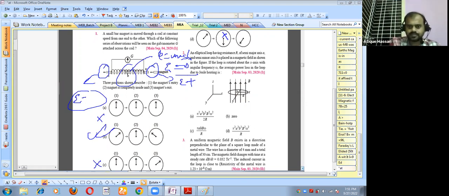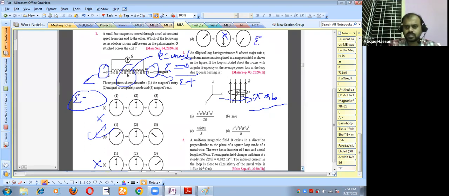One is that you take the area of an ellipse as pi into AB, right? And the second hint is that the flux induced will be BA cos theta, that is BA cos omega t.